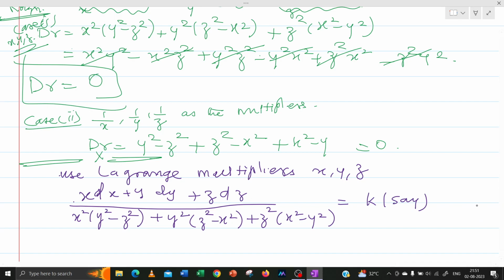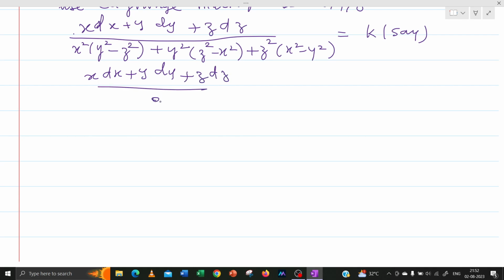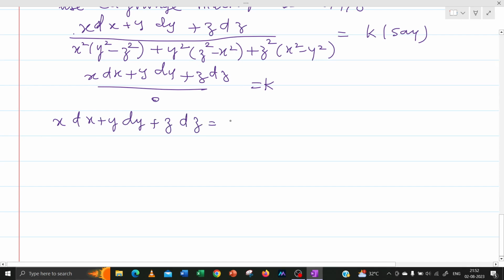What happened? Now the denominator is equal to 0, so you will get x dx plus y dy plus z dz divided by 0 equal to k. If you cross multiply, you get x dx plus y dy plus z dz equal to 0.